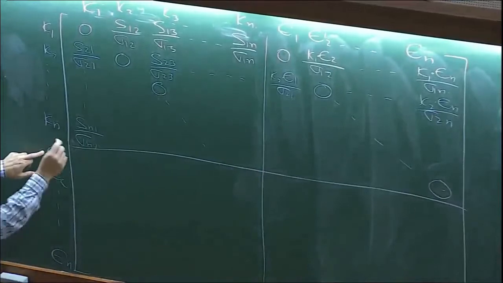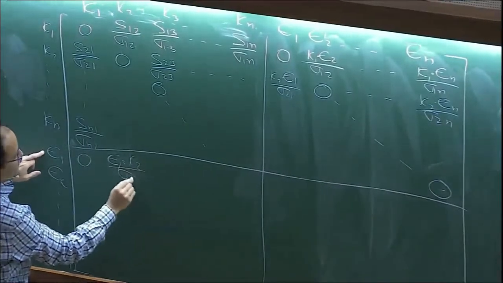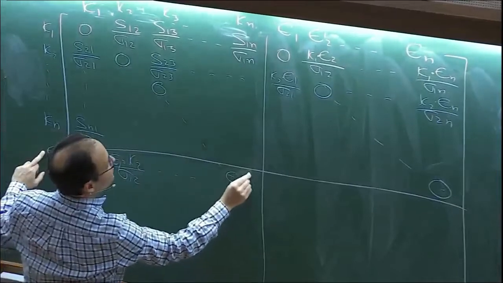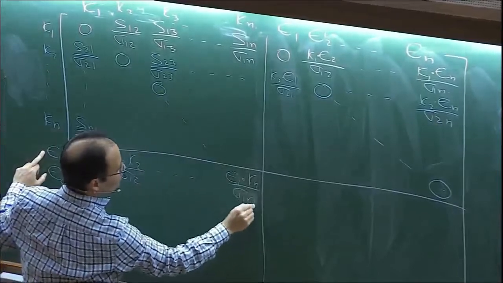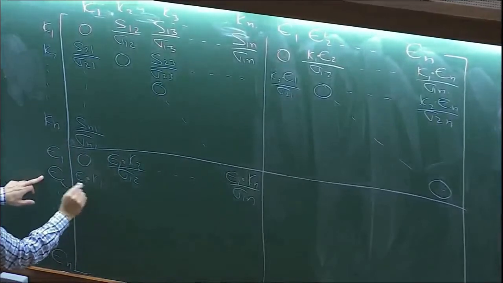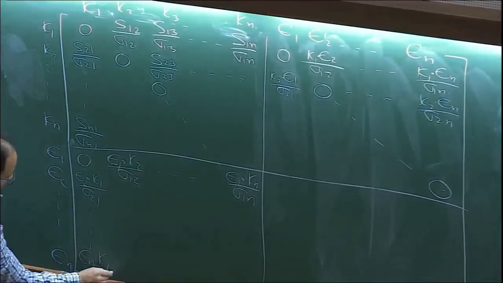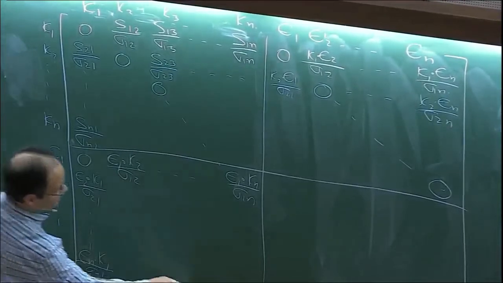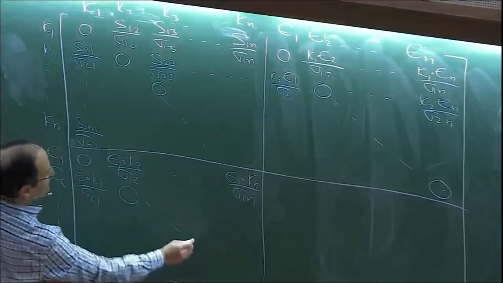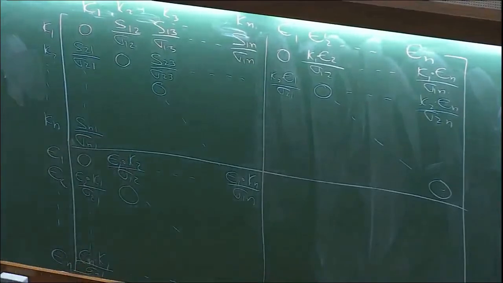Now on this side, you get 0 again, epsilon 1 dot k2, sigma 1, 2, all the way to epsilon 1 kn, sigma 1n. And here, the same thing, epsilon 2 dot k1, sigma 2, 1, and you keep going. And this is epsilon n, k1, sigma n1, and 0, 0. And now here, with epsilon 1, epsilon 1, what should I put?